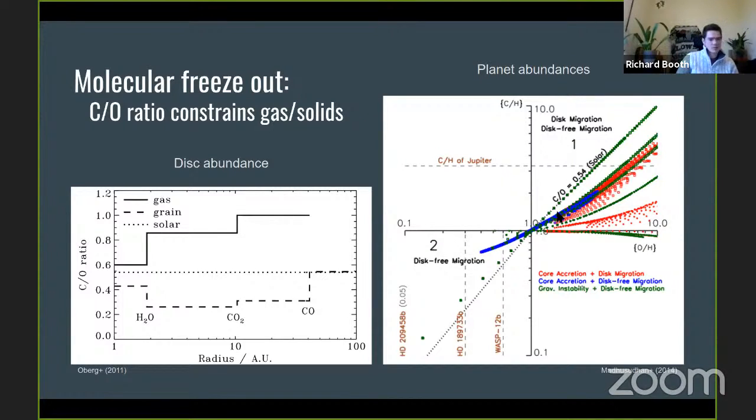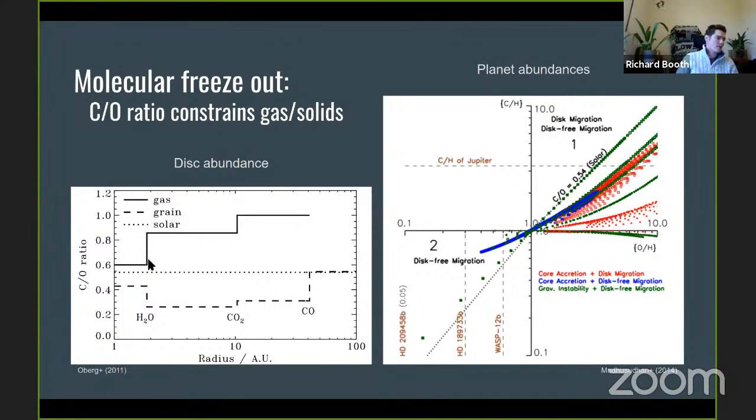So what I'm showing here is two plots. On the left, it's essentially the C/O ratio of gas and dust in a protoplanetary disk from Karen Oberg in 2011. This is a semi-empirical model where the total composition of all of the gas and dust across the disk is assumed to be the same, but volatile species will be partitioned out either in the gas phase or on the surface of icy grains, depending on temperature.